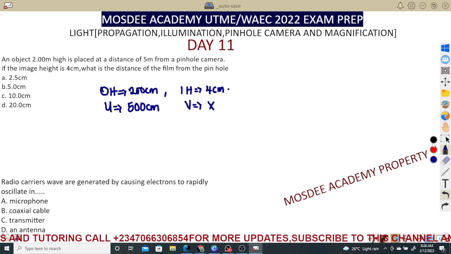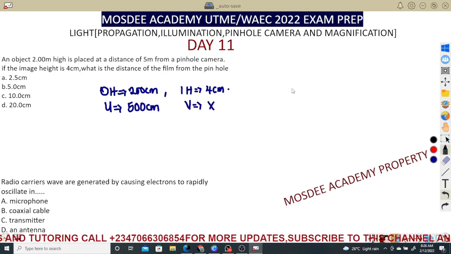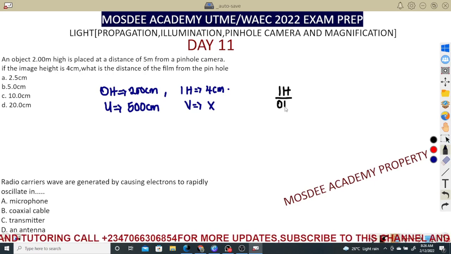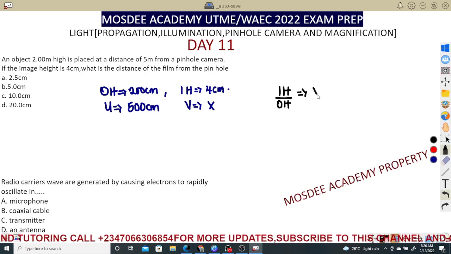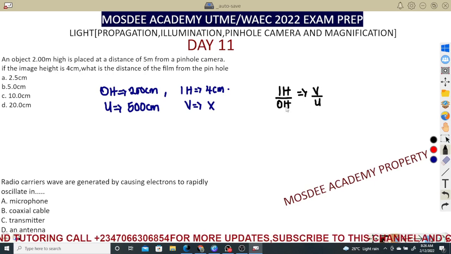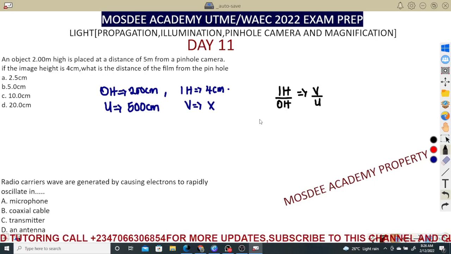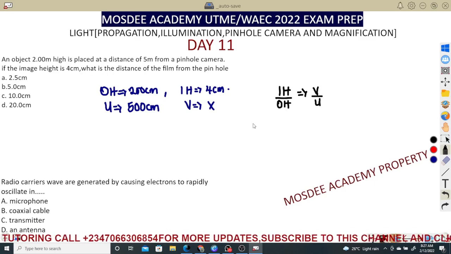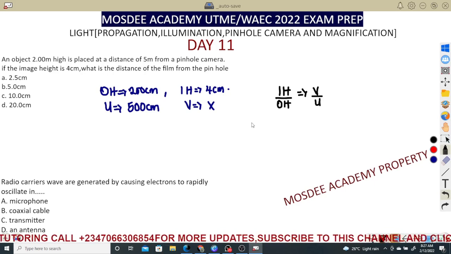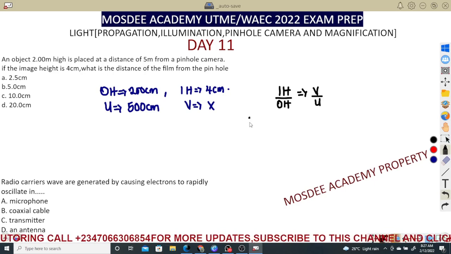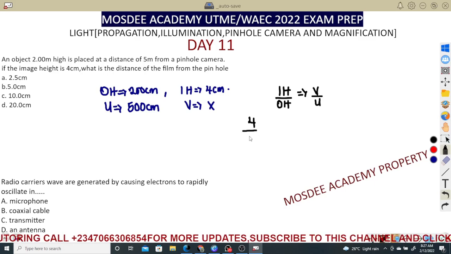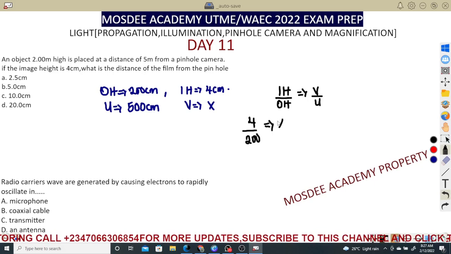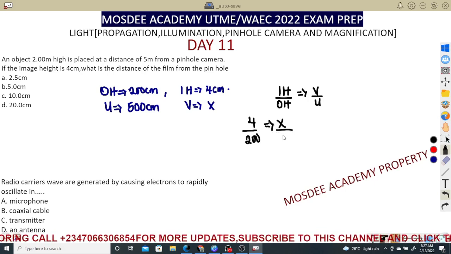The situation is similar, so the formula must also be similar. Formula wise, image height over object height is equal to image distance over object distance. By simplification, image height is given as 4, object height is 200, image distance V is what we are looking for, and object distance is 500.